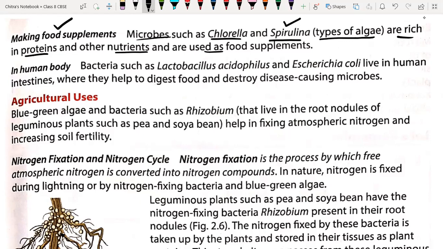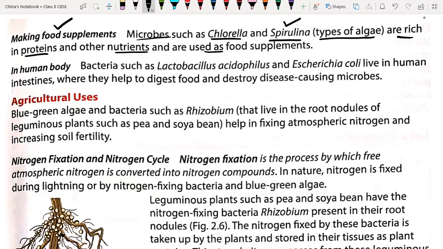Most of the time, whatever food we are taking every day in our diet, we are not getting the required amount of nutrition. That's why, as a contribution, spirulina is provided to the patient or maybe to a healthy person, so that the remaining amount of nutrition can be supplied to that person through this tablet.